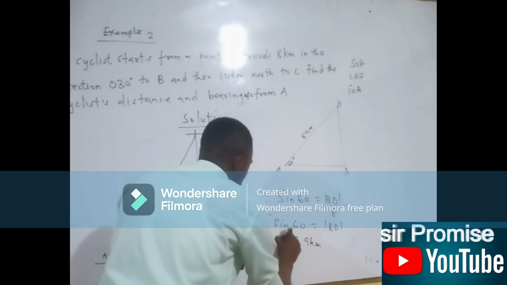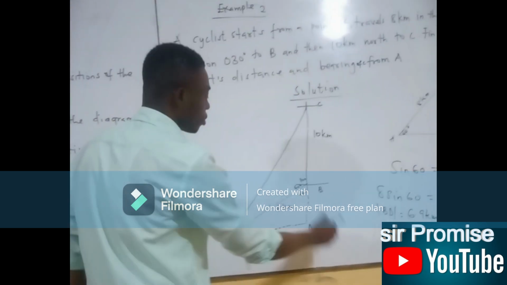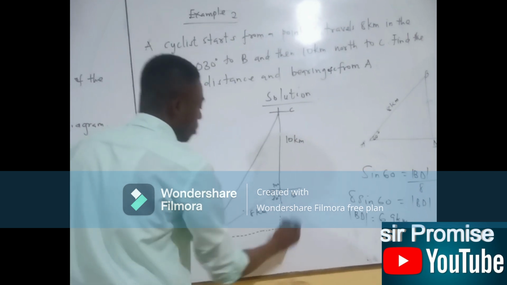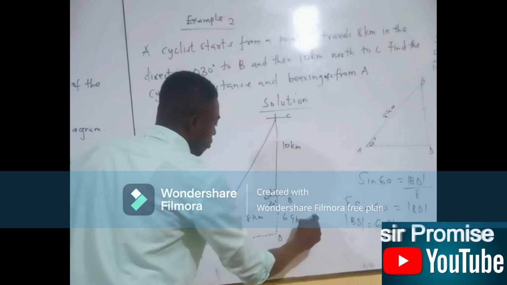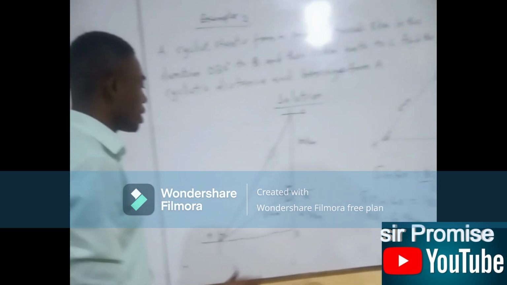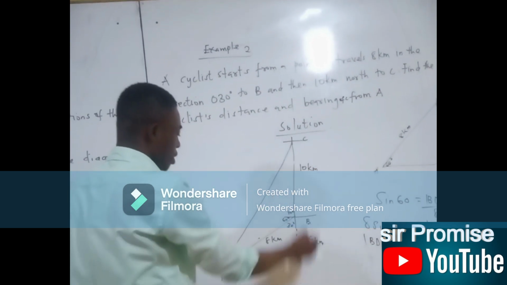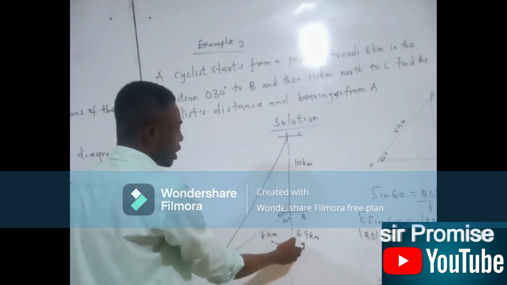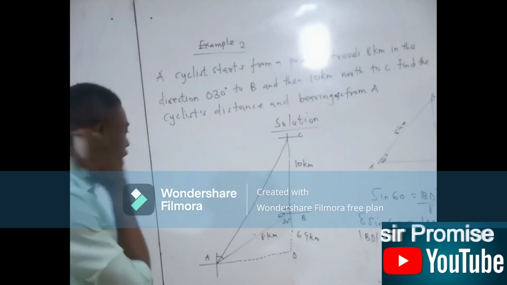So the BD is going to be this. Now we know that's the BD, the line BD here. So here is recorded 6.9 km. So it means that the DC here is going to be the sum of this 10 and the 6.9. Okay, we know that one.